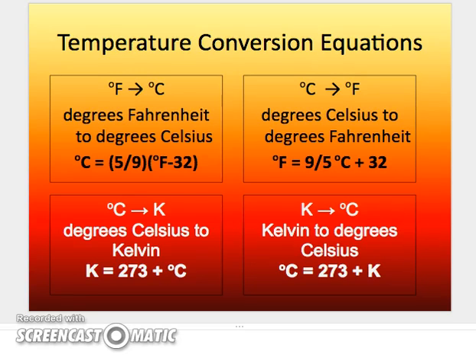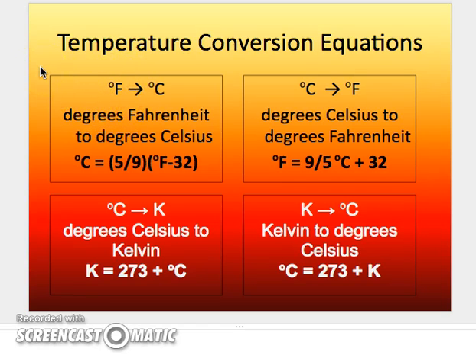Next, we have these different temperature equations to convert from Fahrenheit to Celsius, from Celsius to Fahrenheit, from Celsius to Kelvin, and then Kelvin to Celsius. All right, the Fahrenheit temperature scale is what we use in the United States. Like if we say it's 75 outside, or if we say it's 105 outside, we're talking about the Fahrenheit temperature.